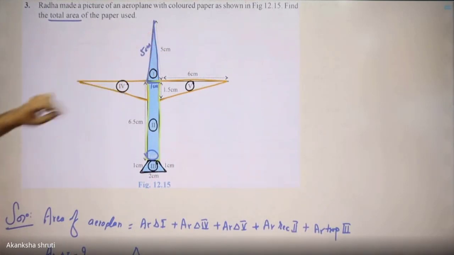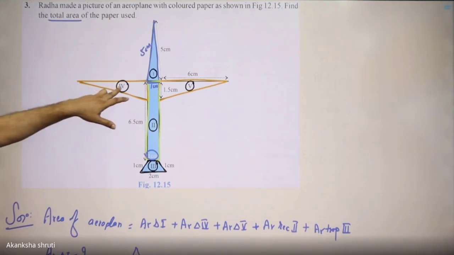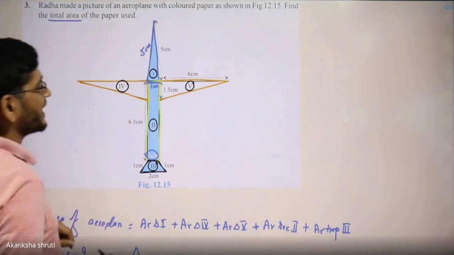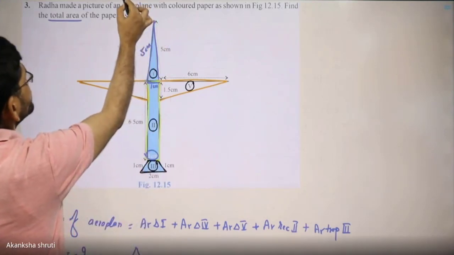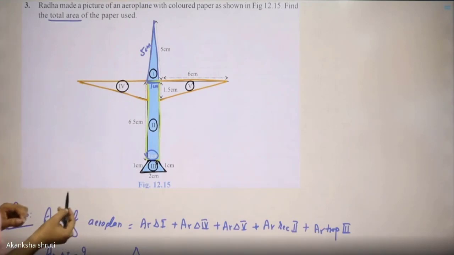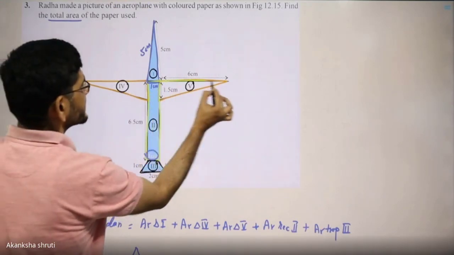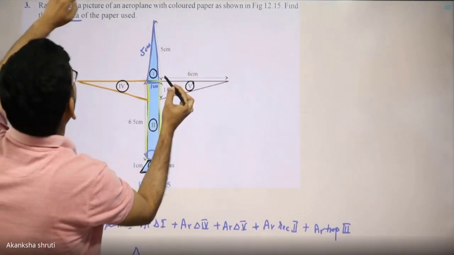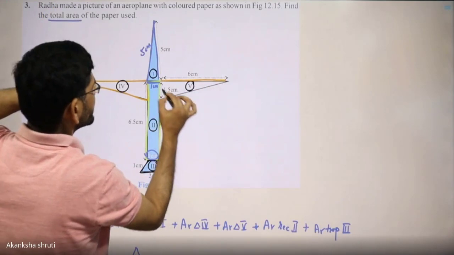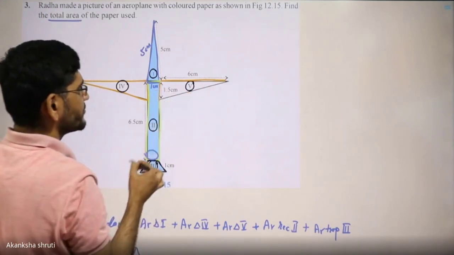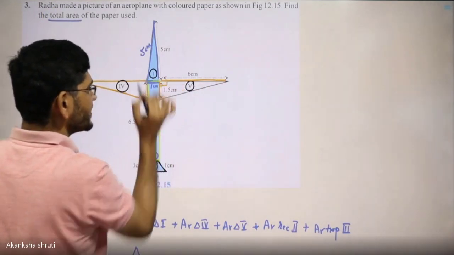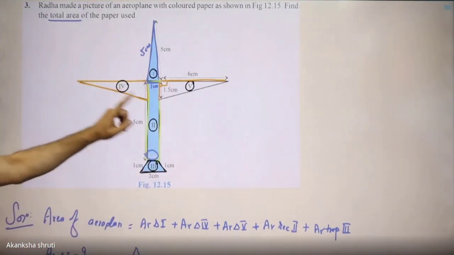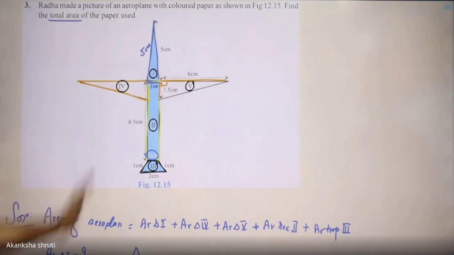Now we have to find the area of figure 4 and area of figure 5. Students, these 4 and 5 are identical, but we need to find their side lengths. See, this length is given as 6 centimeter. Here this is 6 centimeter, this is 1.5 centimeter, and how much is this angle? It is 90 degree. So the area of triangle 4 or 5 will be equal because they are identical.